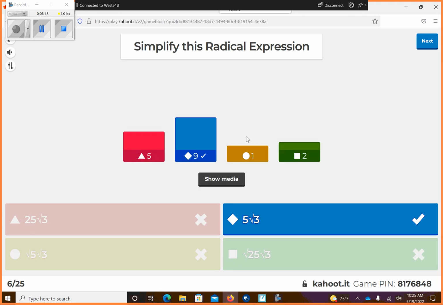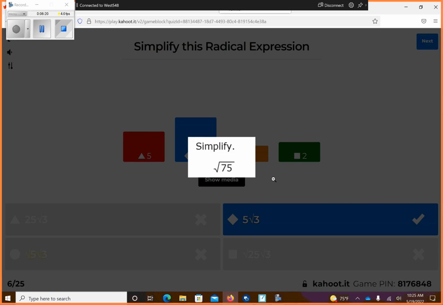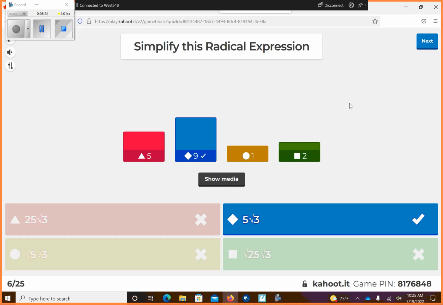Nine of you got it right. Those of you who didn't get it right, let's see. 75 breaks down to 25 times 3, because 25 is the biggest perfect square. So you take the square root of 25 to get 5. So you wind up with 5 root 3 for an answer.